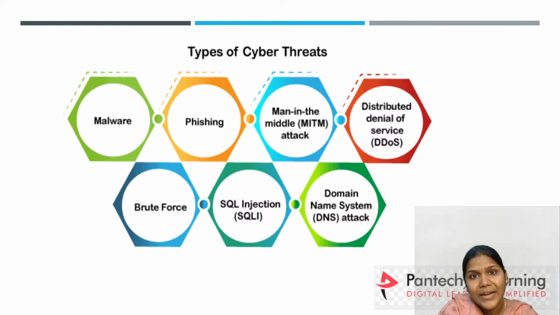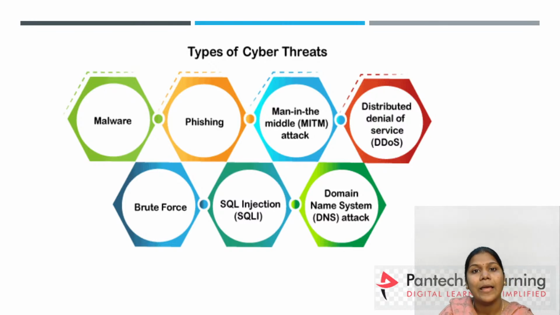Next come the types of cyber threats. What types of threats might occur to information in any organization? Malware, phishing, man in the middle attack, distributed denial of service, brute force, SQL injection, domain name system attack. Malware means malicious, negative content. Phishing: based on the URL of a website, we can attack and hack the complete data.